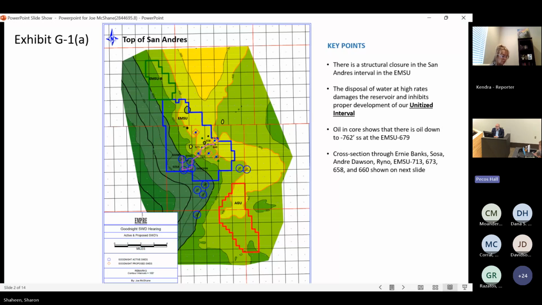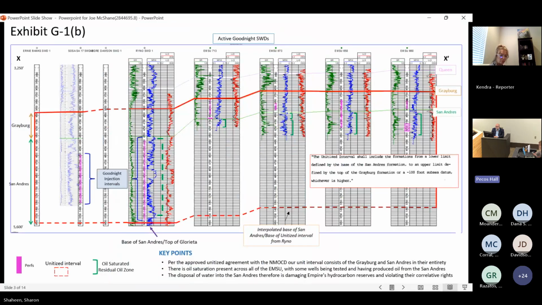Turning to the next slide, can you describe this cross-section for the commissioners? Correct. This cross-section that you saw on the previous slide, the cross-section line, includes Goodnight's current saltwater disposal wells. It is, in addition to the next, we'll see proposed permits.